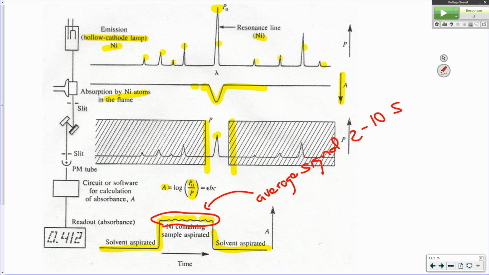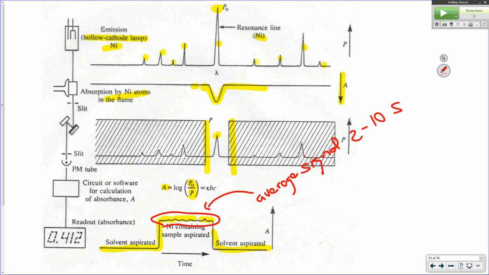An instantaneous signal's not going to be a good reproducibility, because at one spot it may be up here, the next spot it may be at that minimum. That may vary 5%. But by taking an average of a good period of time, and if you have plenty of sample, average for 30 seconds if you want better reproducibility. That's no problem. So that's kind of the guts of the instrument.